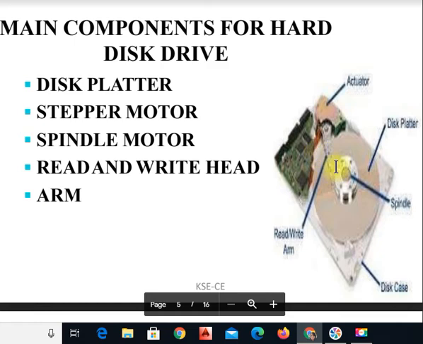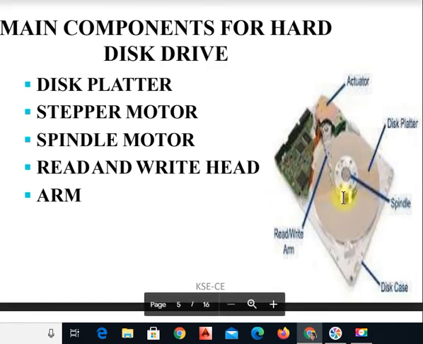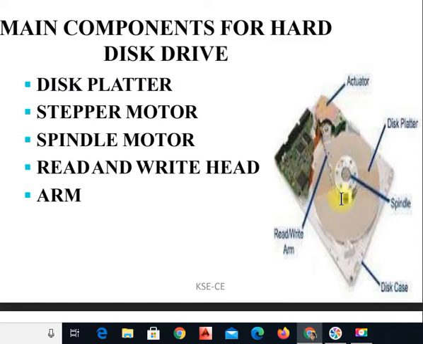Whenever data is read from the platters with the help of the head, there is an actuator and then an actuator arm. The top of the arm is called the read and write head, and data will be written or read by this read and write head.